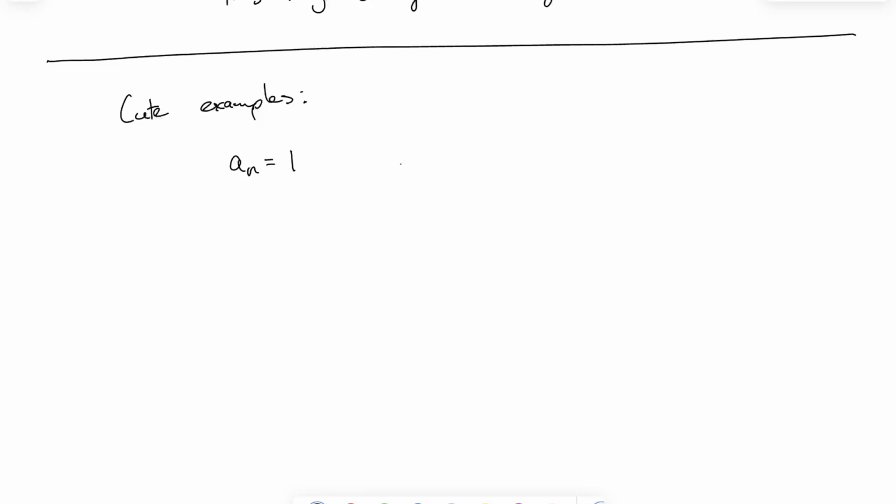So if I were to write out the terms, it would just be 1, 1, 1, 1, 1, etc. What is the series? Then your job, find the sum of a_n, n equals 1 to infinity. If you were to write out the terms of this sum, it would be 1 plus 1 plus 1 plus 1, etc.